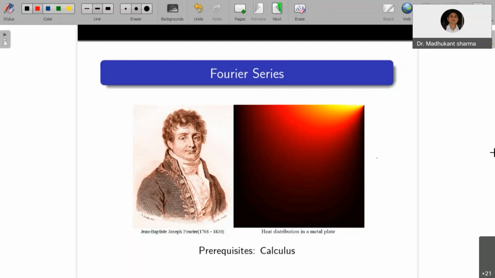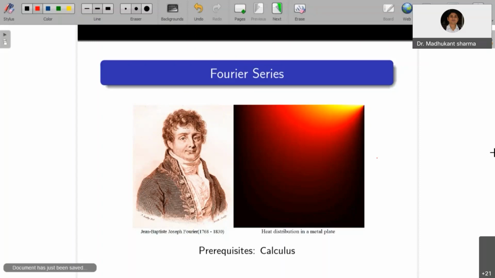It means after some period it will again go through the same trajectory, you can say. Like the cosine curve and sine curve, you have seen they are periodic functions with period 2 pi.